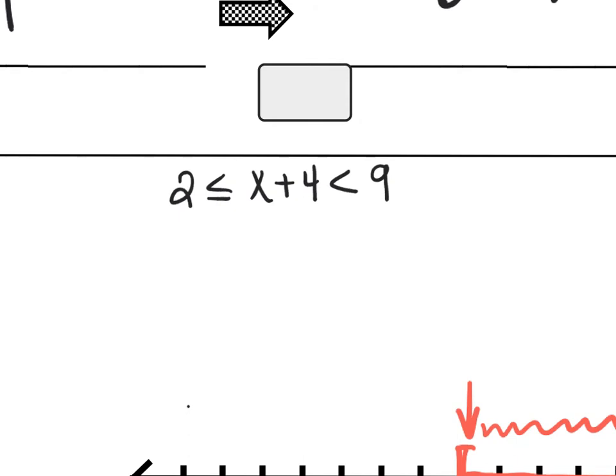Well, you can also subtract 4 right here without setting it up. Just know that you have to subtract 4 from all parts of the inequality. And you get -2 is less than or equal to x, which is less than 5, which is basically what we just said: x is between -2 and 5.